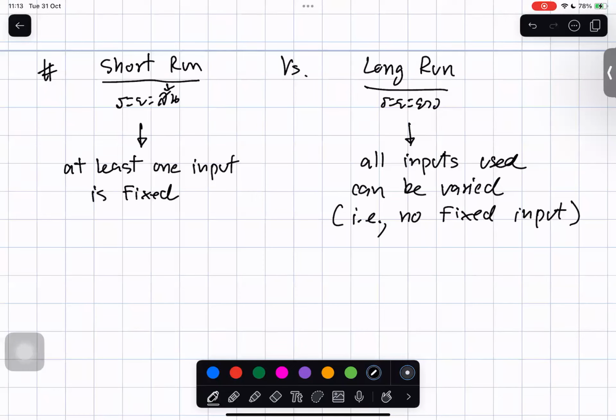In the long run, all inputs used can be varied. That means when we consider long run production, there is no fixed input.